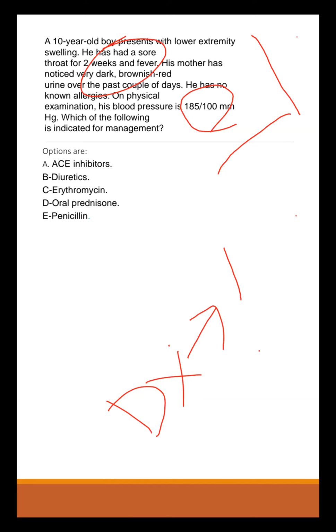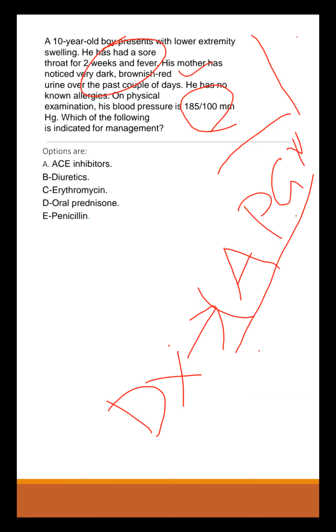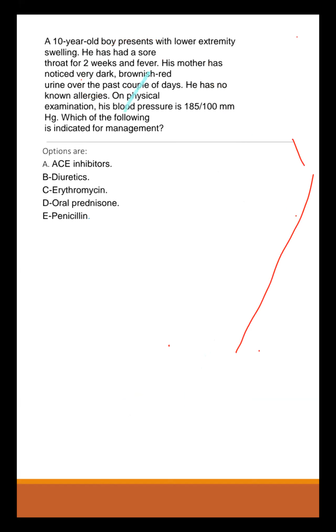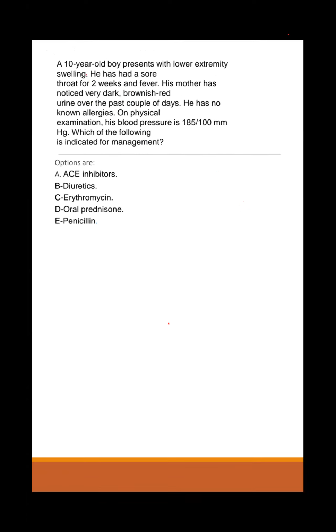Ma'am, it's acute glomerulonephritis? Yes, acute glomerulonephritis. In nephrotic syndrome we use steroid and ACE inhibitor, but this is nephritis, not nephrotic. Yes, ma'am, nephritis. So BP is high.